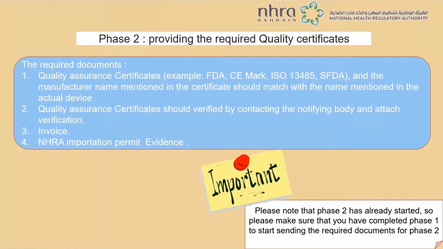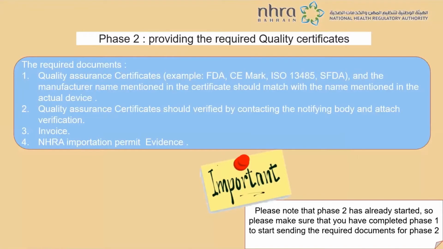Okay, phase 2. Phase 2 is currently the most important phase because we have already started phase 2, which is about providing the required quality certificates. The required documents are, first, quality assurance certificates, for example FDA, CE mark, ISO, Saudi FDA, and the manufacturer name mentioned in the certificate should match with the name mentioned on the actual device.